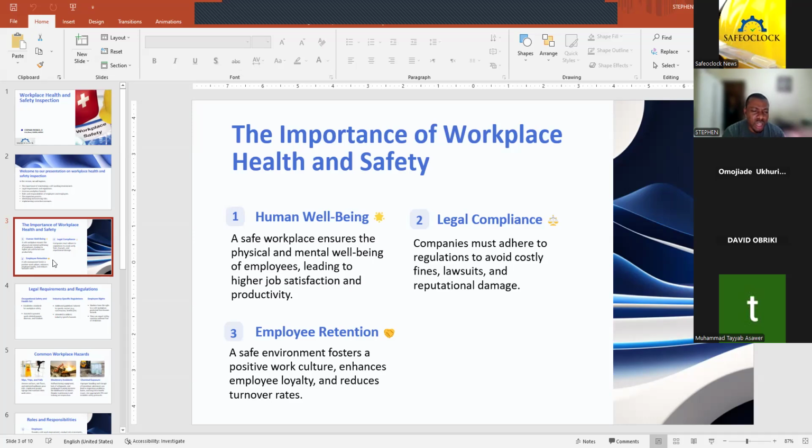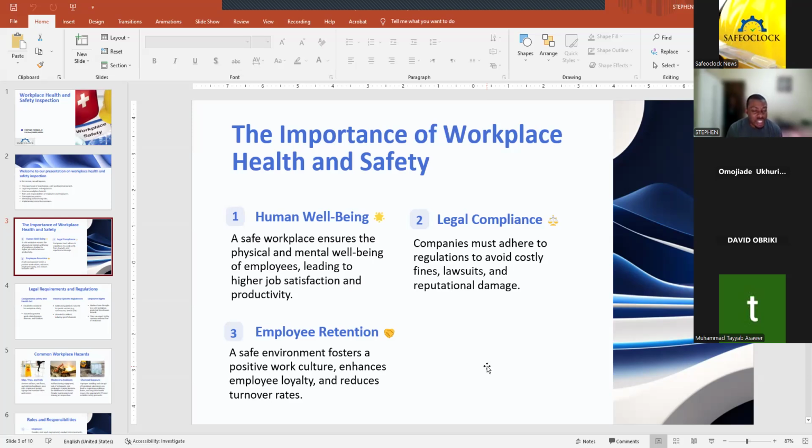And also employee retention, because when we carry out this inspection, it shows that we are being compliant with the legal requirements. The employee will feel safe, and once they feel that the organization is serious about health and safety, they know what they are doing, the employee will feel, oh, we have a very good culture here.